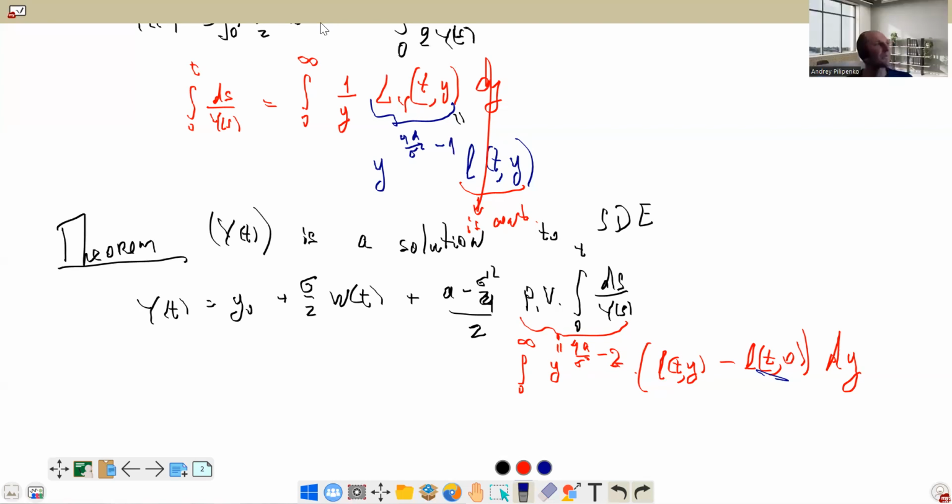Probably, I'm not sure. Maybe this process is a process of unbounded variation, but maybe it has some variation of power greater than 1.